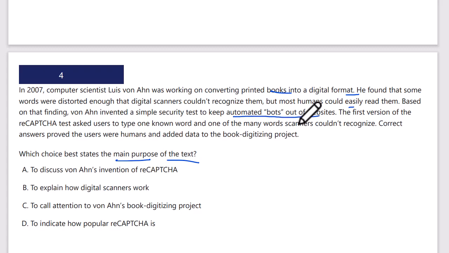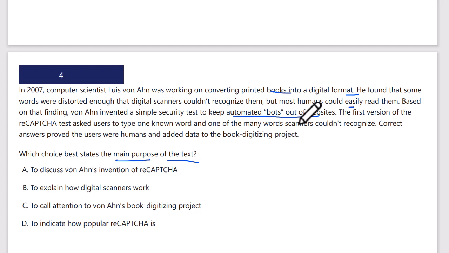The first version of the reCAPTCHA test asked users to type one known word and one of the many words scanners couldn't recognize. Correct answers proved the users were humans and added data to the book digitizing project. Okay, so the main purpose of the text is to show that you can sort of outsmart or overcome these bots, and that led to an invention.